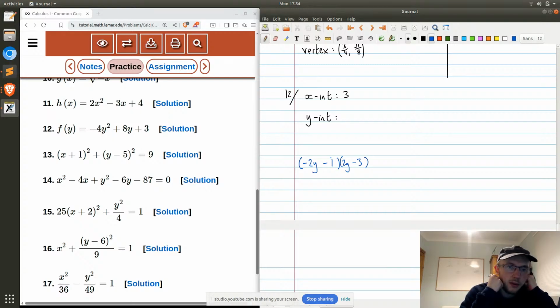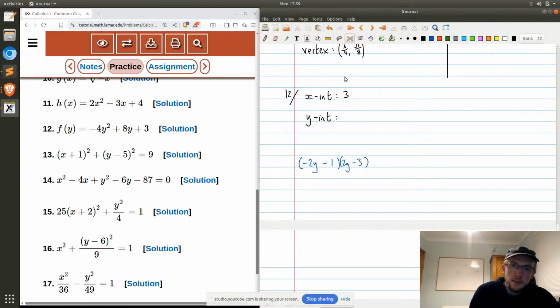Is it factorable or not? B squared is 64. Then you have to minus 4 times minus 4 times 3. 16 times 3, which is... Oh no, you have to add it on. You have to add it on. And 64 plus 48 is 112, which is not square.